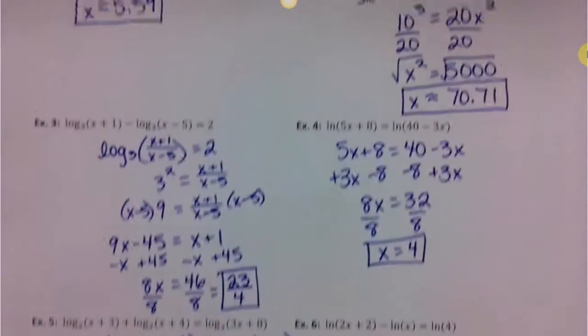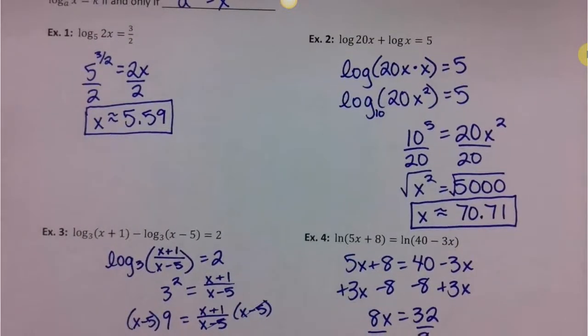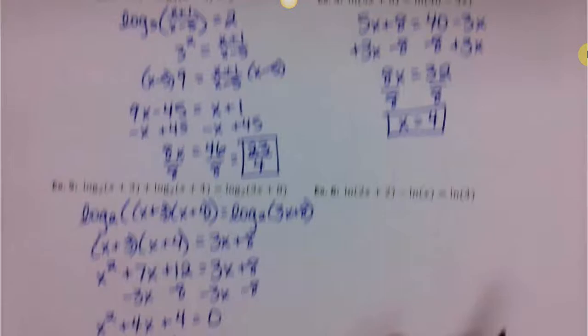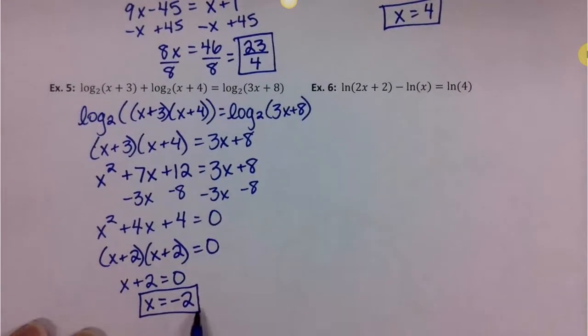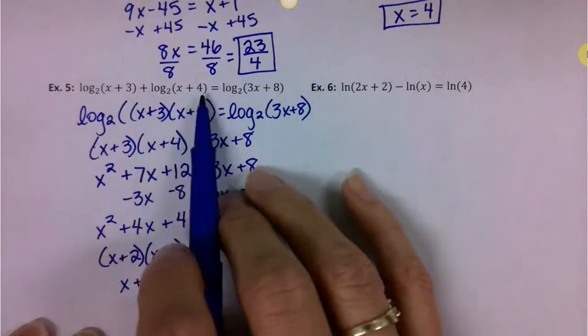Now remember, we set up here with example 2 that we don't want a -70 as our answer. But that was because whenever we went back and plugged in a -70, we had a negative number inside of a logarithm. For example 5, if we go back and plug in a -2, -2 plus 3 is a +1. -2 plus 4 is a +2.